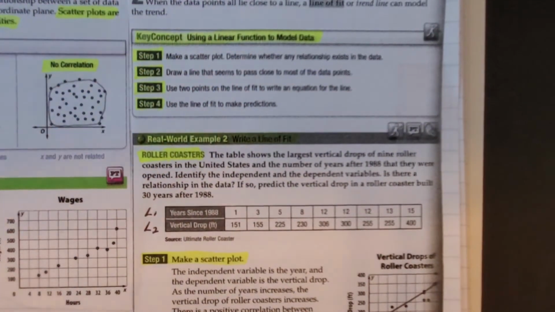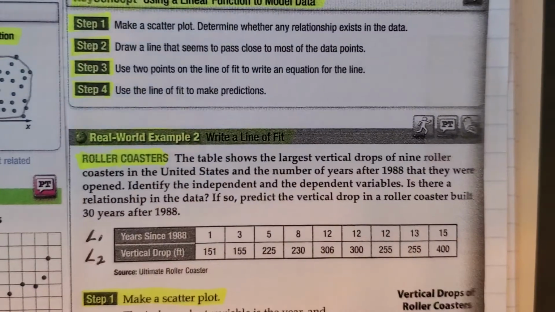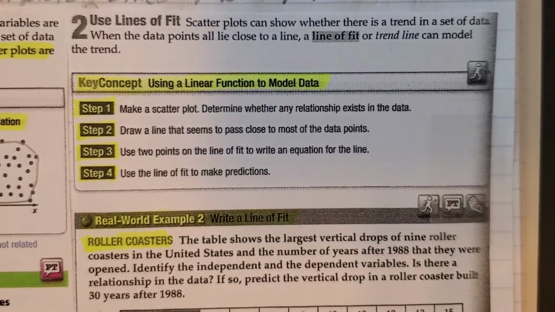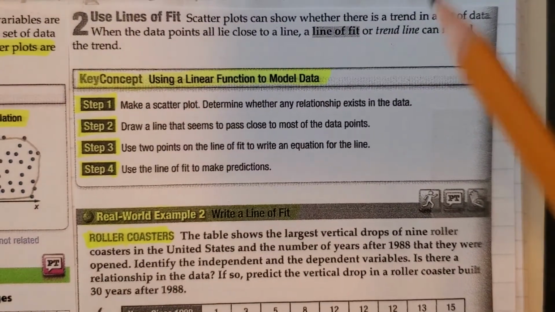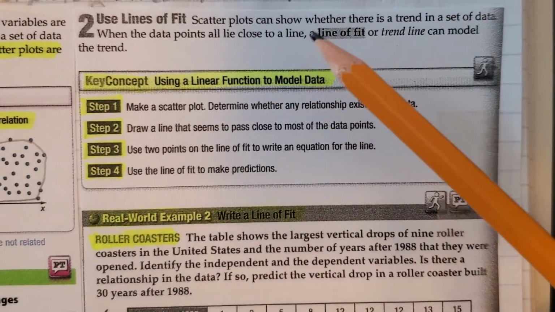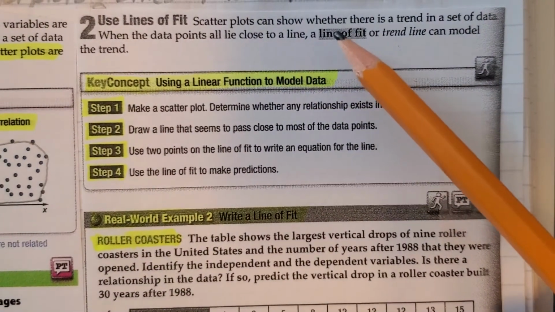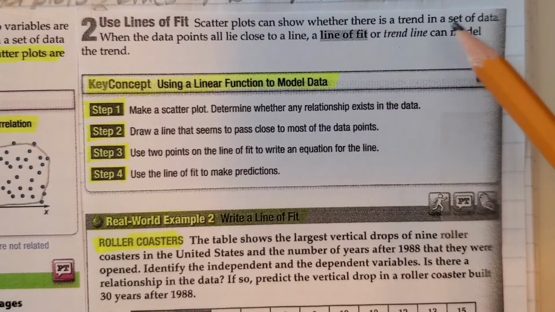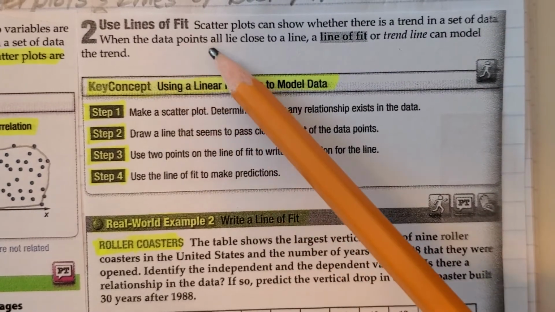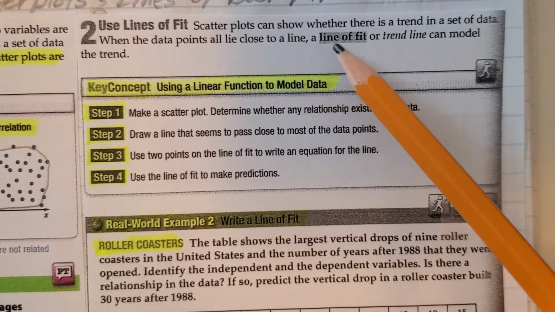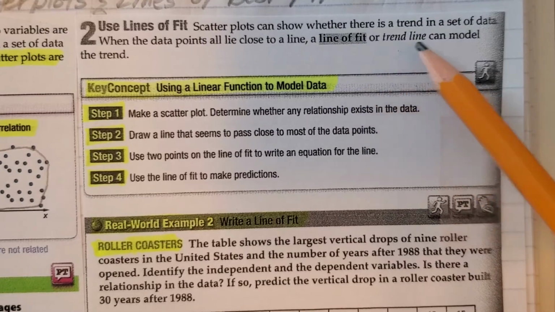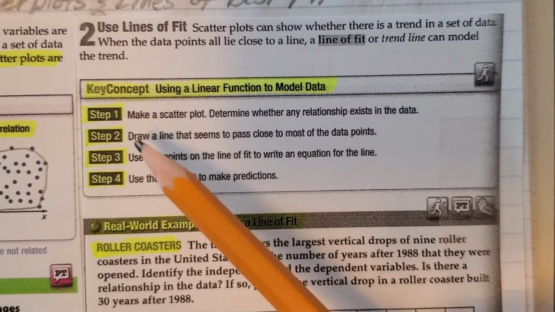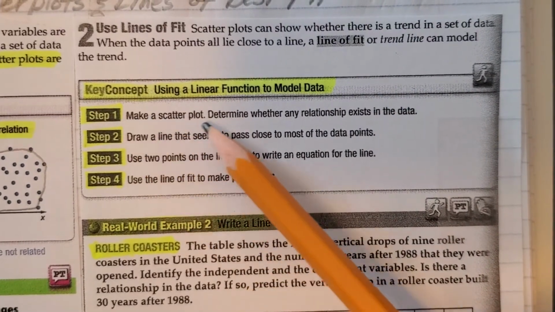Let me see if I can zoom in here so it gets a little clearer. Now what we're going to talk about is scatter plots and whether they show a trend in the set of data. When the data points all lie close to a line of fit, a best fit or trend line can model the trend. Here are your steps. Step 1, make a scatter plot.